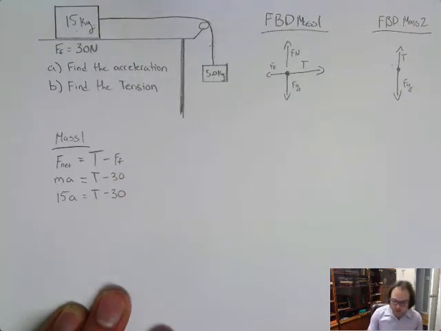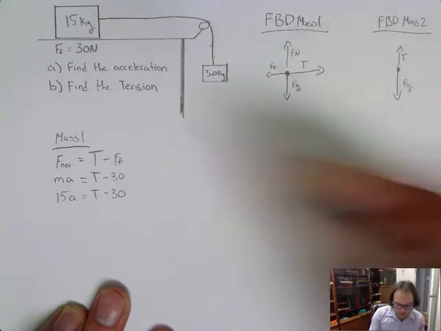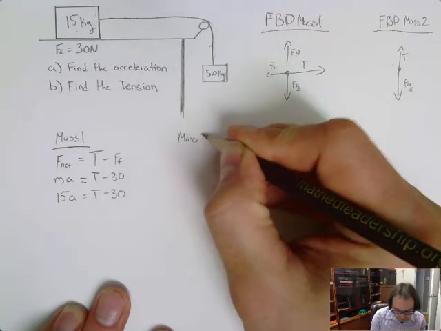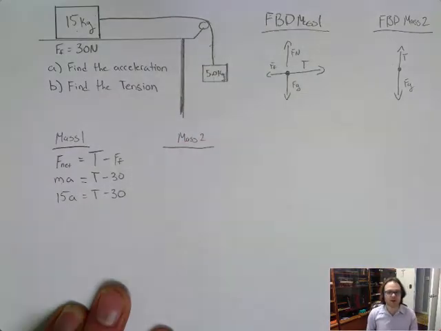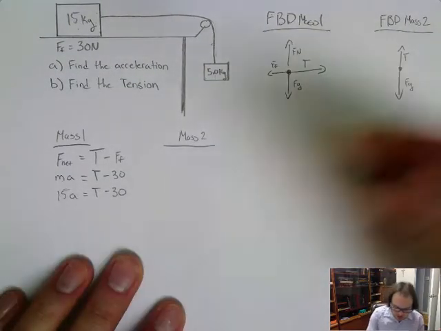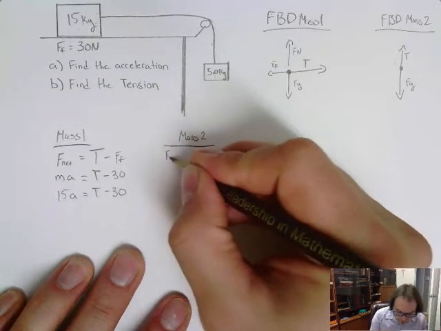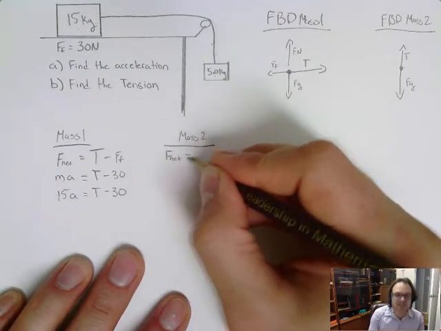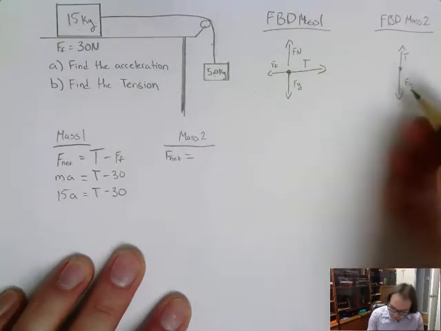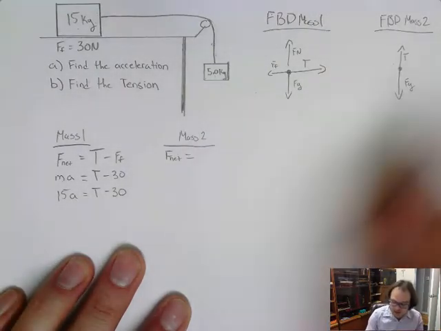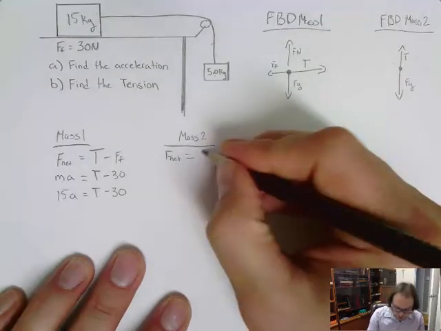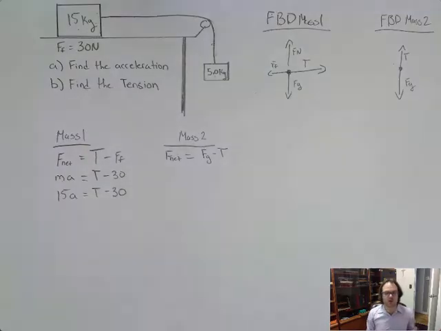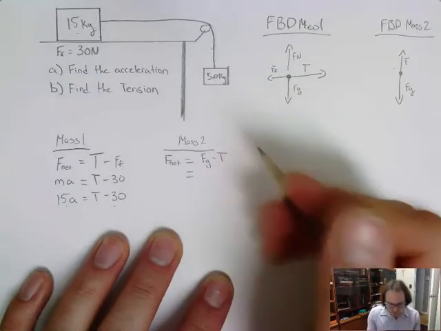Okay. Now let's look at the free body diagram for mass 2, and let's see how this system works. Here, my net force is equal to my force of gravity subtract my tension, because it's going downward. So my force of gravity is greater than my tension, and we want to know how much greater it is. So let's start solving this one.